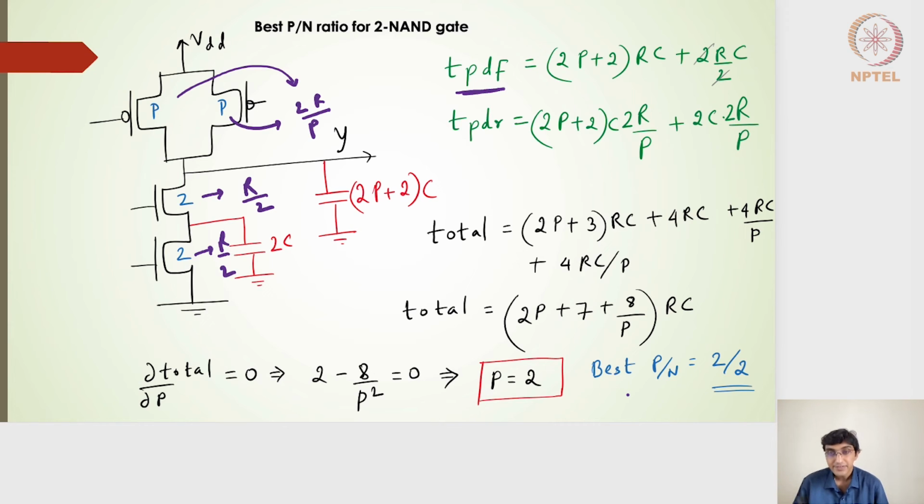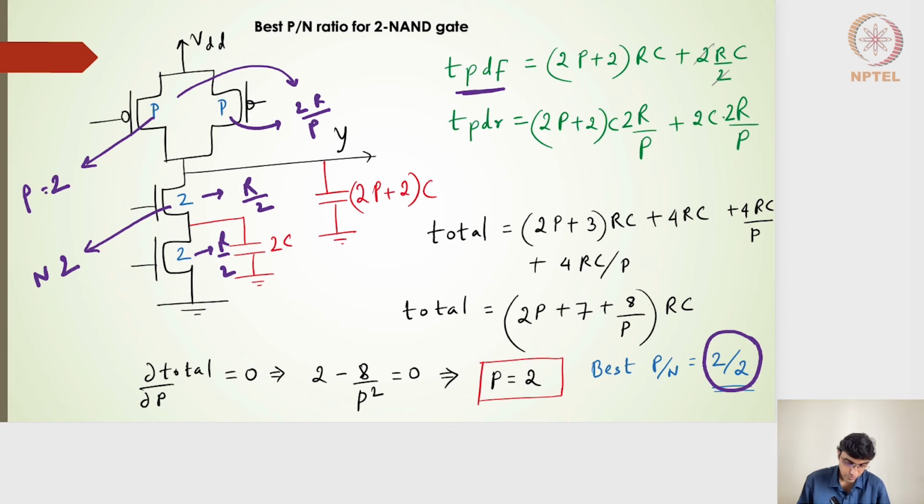So the best p by n ratio, even for the 2-input NAND gate, is actually 2:2, right, because the best p turned out to be the value 2, and n we have considered to be 2. So the best p by n ratio turns out to be 2:2 or 1:1.